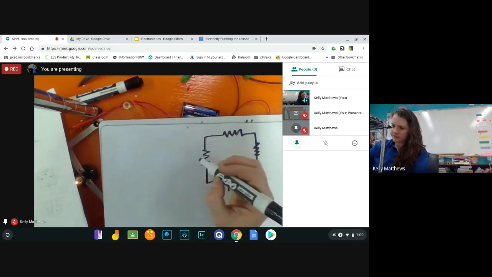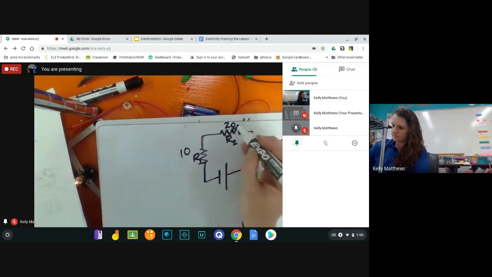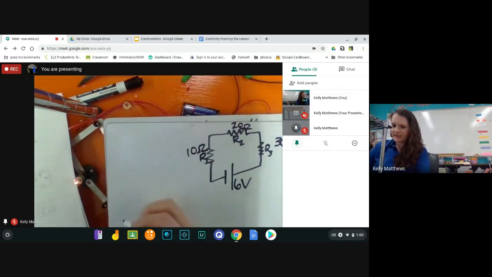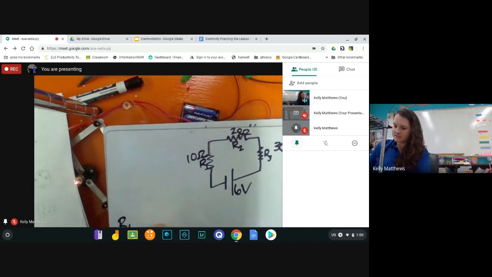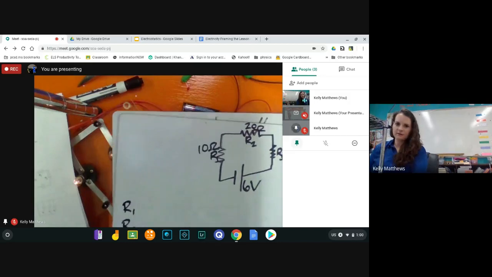But it tells us that R1 has a resistance of 10, and R2 has a resistance of 20, and R3 has a resistance of 30 ohms. And it told us that we had a total of 6 volts. And so what it's doing is it's asking us R1, R2, R3.